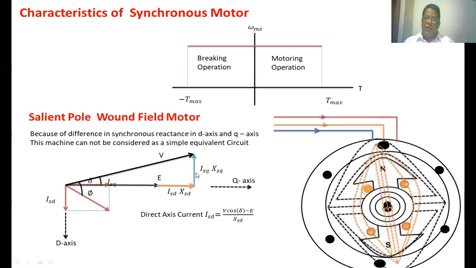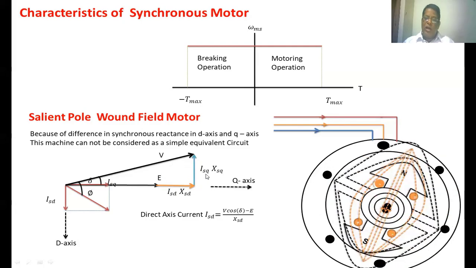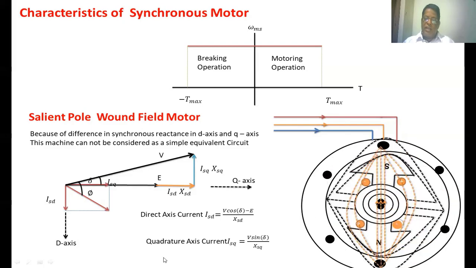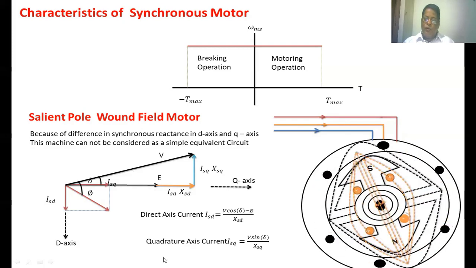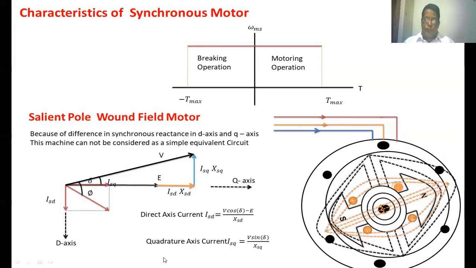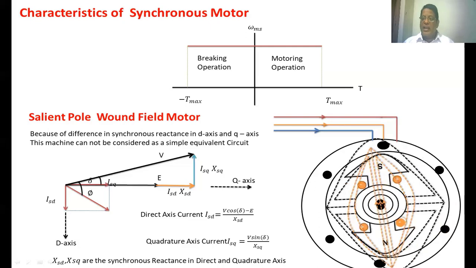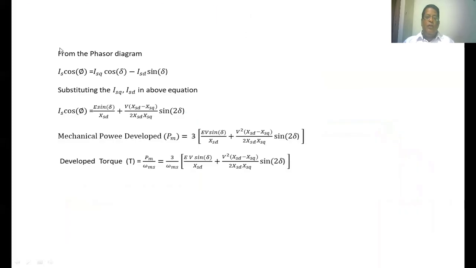From this triangle, V sin delta equals ISQ into XSQ. Quadrature axis current ISQ equals V sin delta by XSQ, where XSD and XSQ are the synchronous reactances in the direct axis and quadrature axis. Now from the phasor diagram, IS cos psi equals ISQ cos delta minus ISD sin delta.